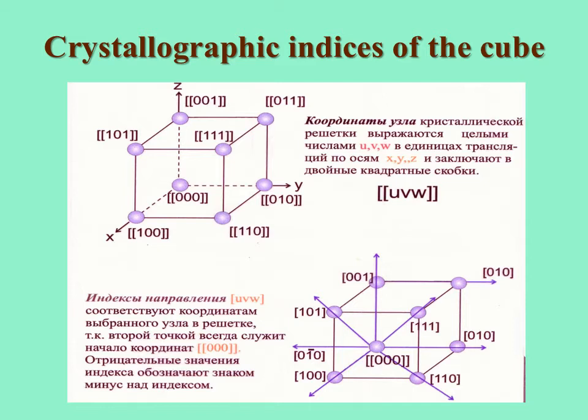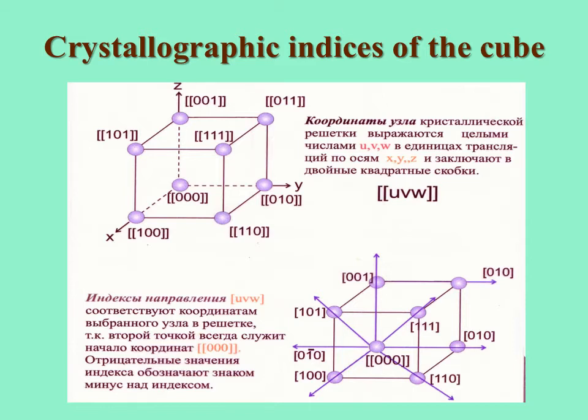Here you can see the crystallographic indices of the cube. The origin of the coordinate system has the symbol 0, 0, 0. For example, the symbol of this unit is 1, 0, 0. The symbol of this unit is 1, 1, 0, then 1, 1, 1, and so on; the coordinate of z is 0, and so on.